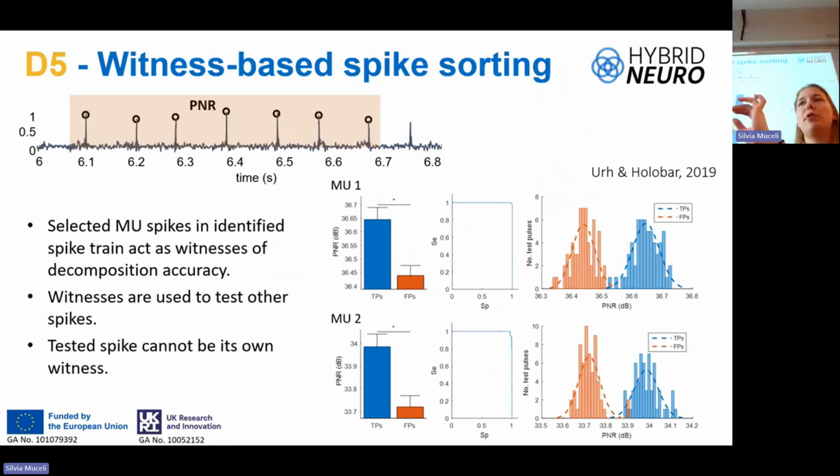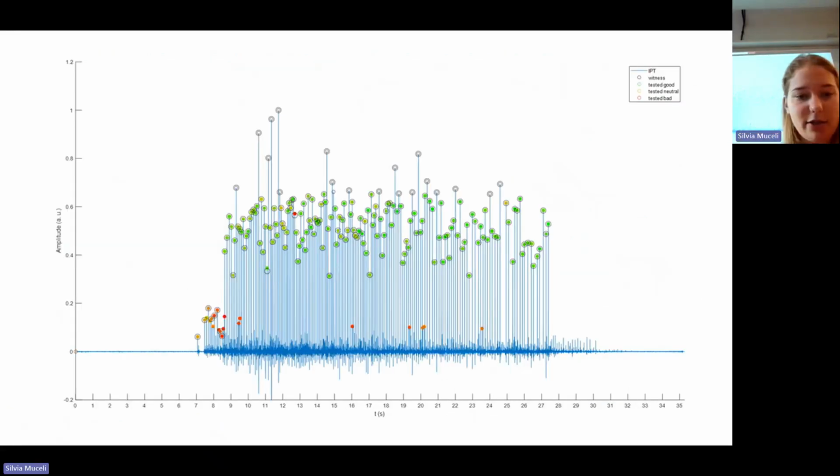After that, you denote the testing firing as a true firing, and you again recalculate and reapply the motor unit filter. If the tested pulse increased significantly, that pulse is denoted as good. If it decreased significantly, it's denoted as bad. Otherwise, it's just neutral. So in this example, I'll show you again.